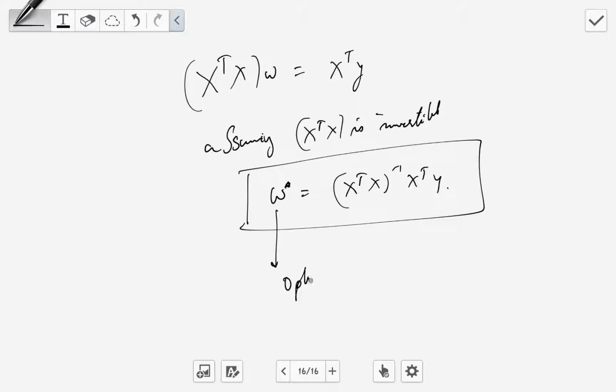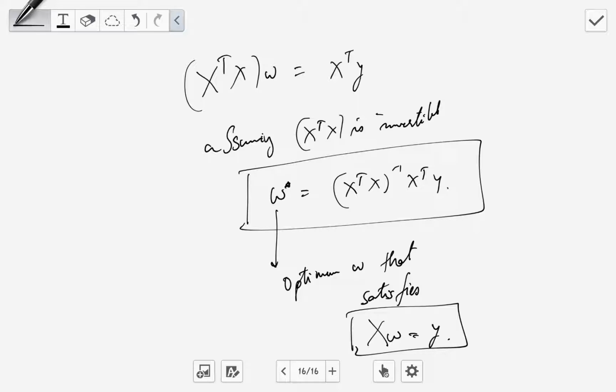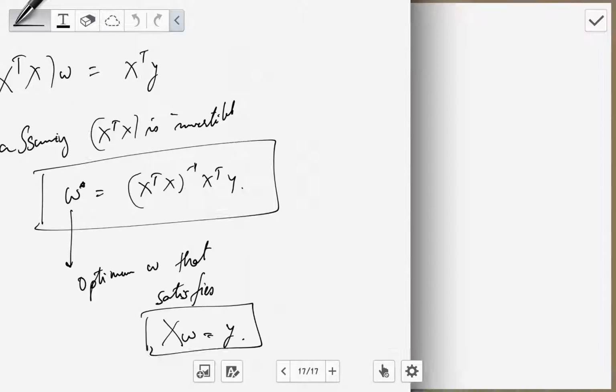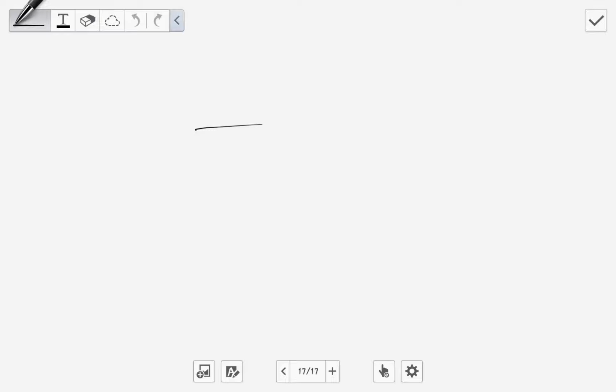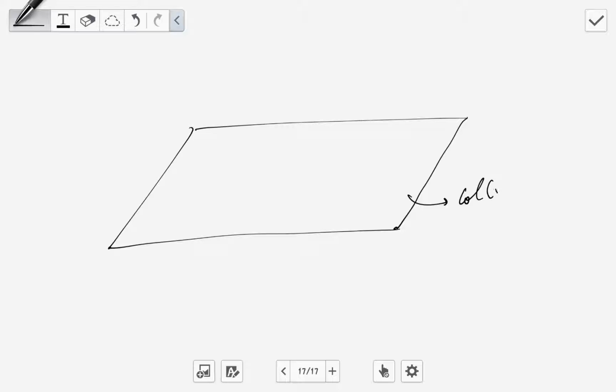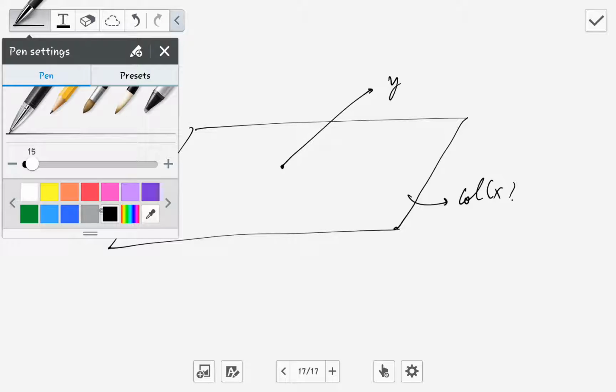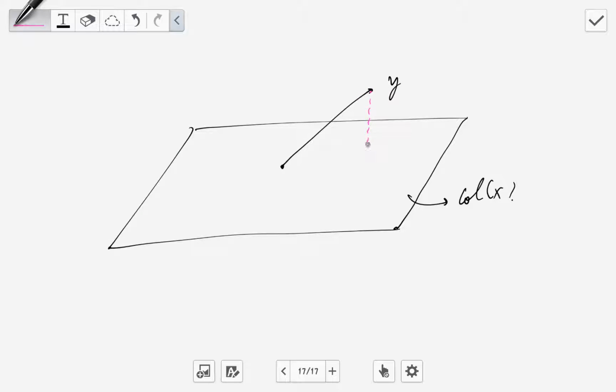So this is the optimum W that satisfies XW is equal to y. Now just see what this W is doing. You had your column space of X, and then you had y outside, and what you are indeed finding is some y cap.